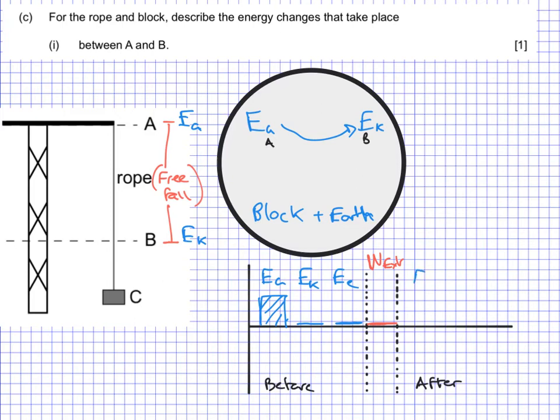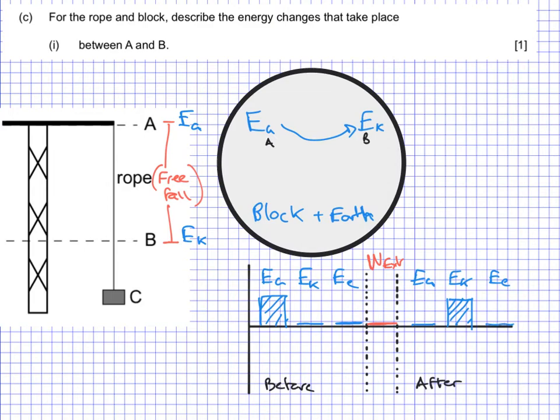After the event, the gravitational energy has effectively been used. It's gone, it's 0. The kinetic energy is now represented as the same amount as the initial gravitational energy. And once again, at position B, because the elastic has not been stretched, that's at 0.